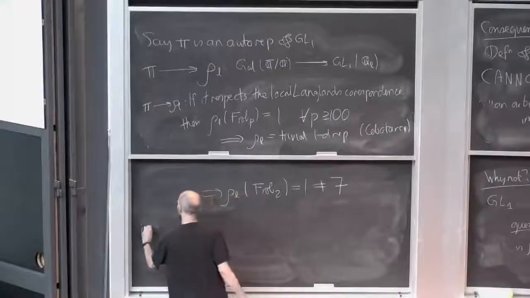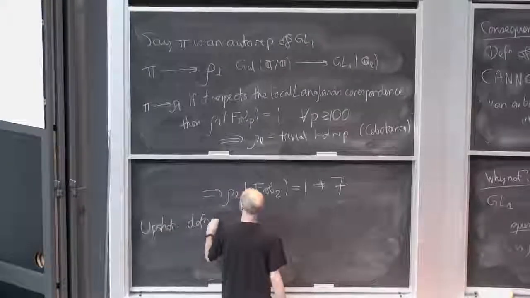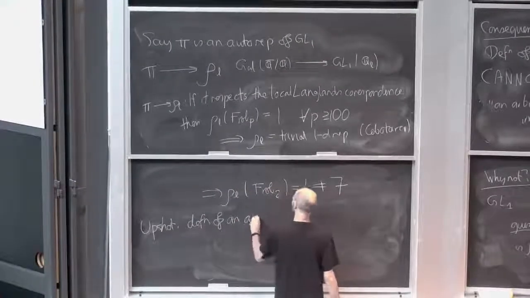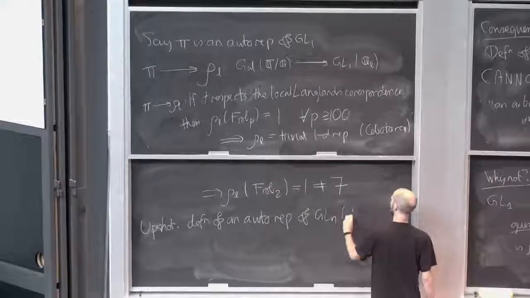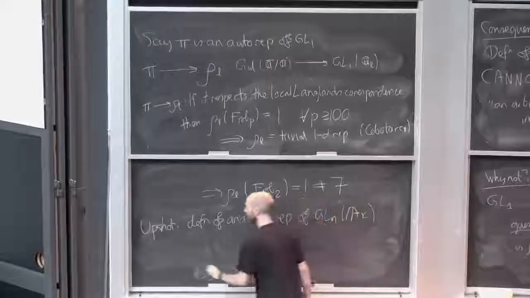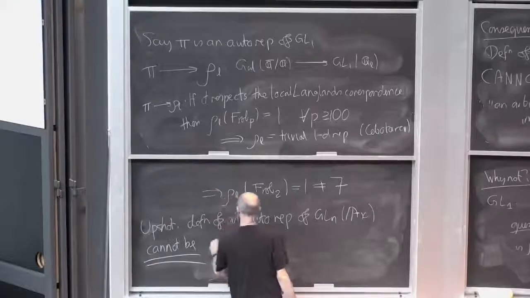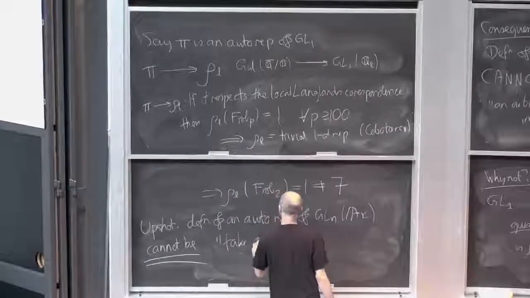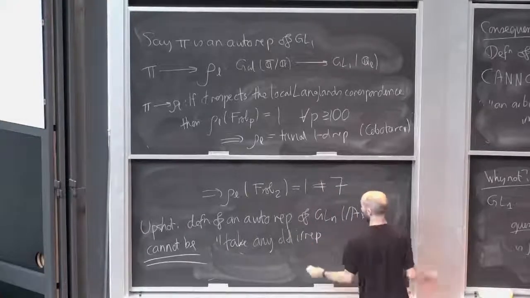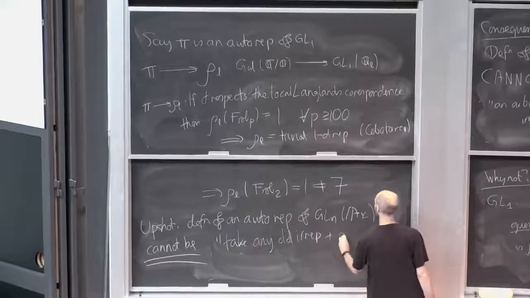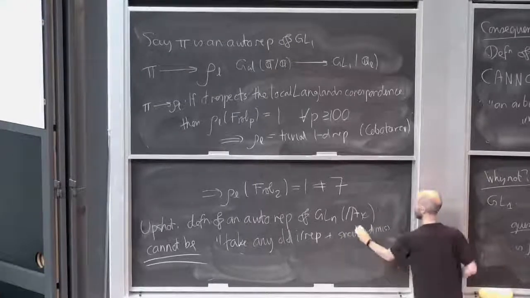So the upshot is that the definition of an automorphic representation of GL_N of the adeles of K cannot be: take any old irreducible representation, plus some continuity conditions, whatever, smooth, admissible.